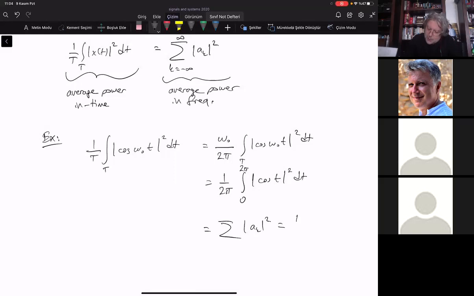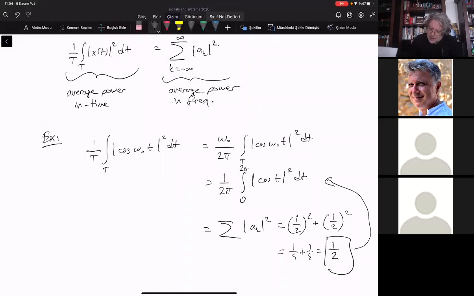So it is 1 over 2 squared plus 1 over 2 squared, which is 1 over 4 plus 1 over 4, and that is 1 over 2. So this integral is equal to 1 over 2. How about that? Nice, isn't it? I found this ugly-looking integral and solved it very trivially, very easily, just using Parseval's theorem.